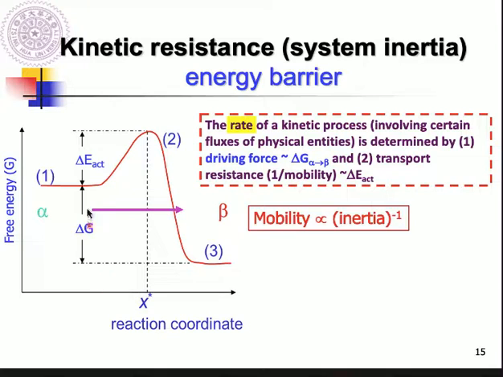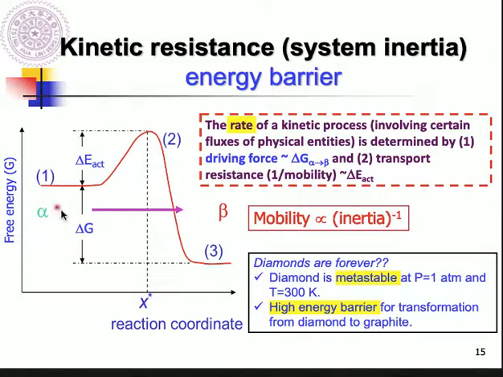The driving force first, and also the transport resistance, or you can call it the energy barrier. And just a remark here, mobility is proportional to the inverse of the system inertia, right?